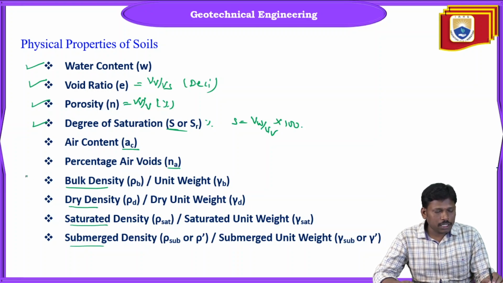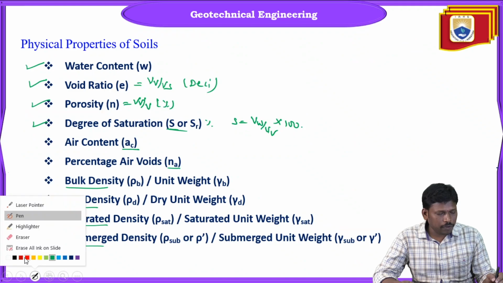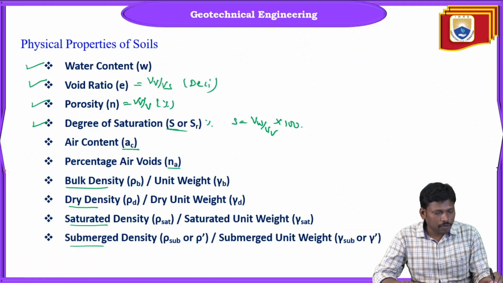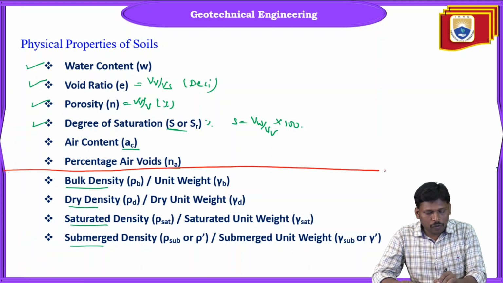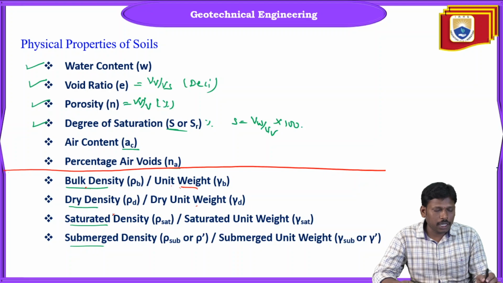These are the formulas of densities. We will also express the formulas of these densities in terms of unit weight, as you can see: bulk density and mass density, weight of mass. We will discuss them in terms of weight as well as in terms of densities.